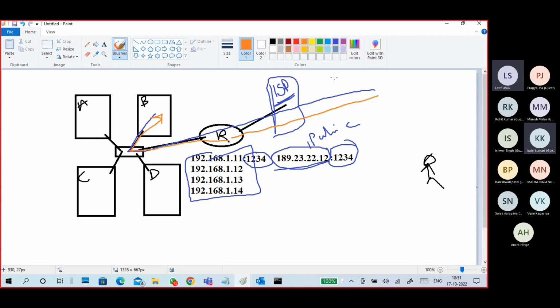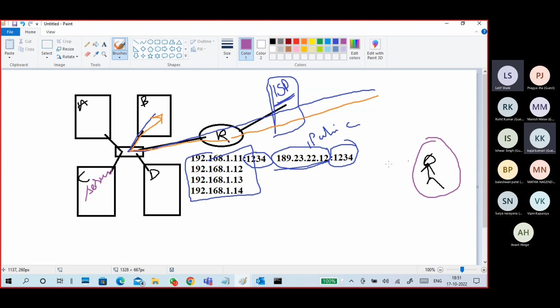Guys, only one small clarification and we'll close. This is some outsider, meaning some person on the internet, and we have a server. This person wants to access your machine. Machine, server, everything is the same, even a computer comes under that.